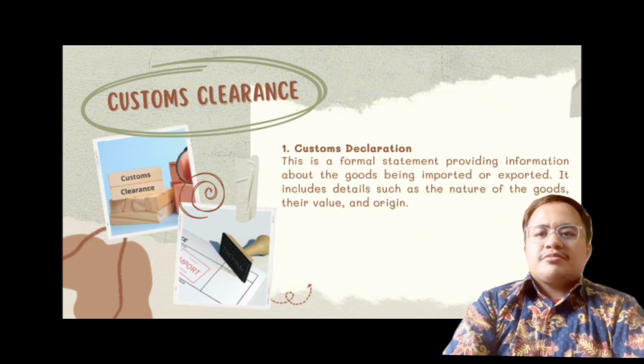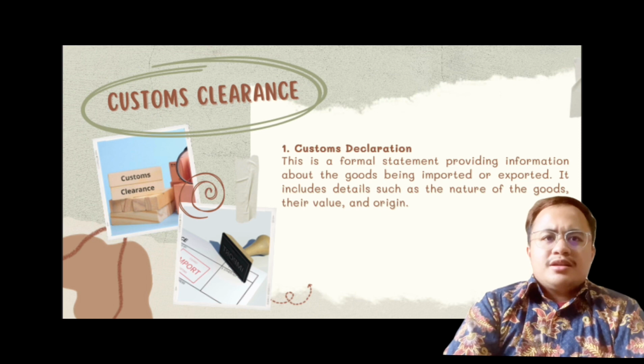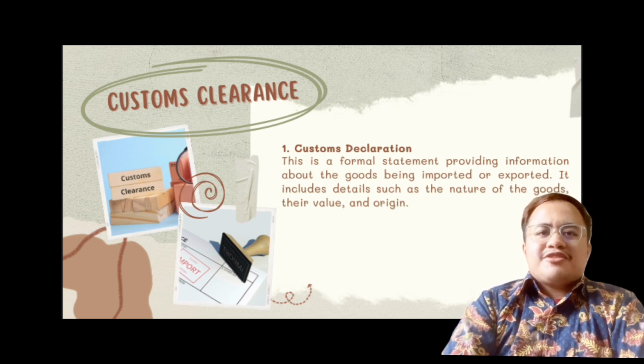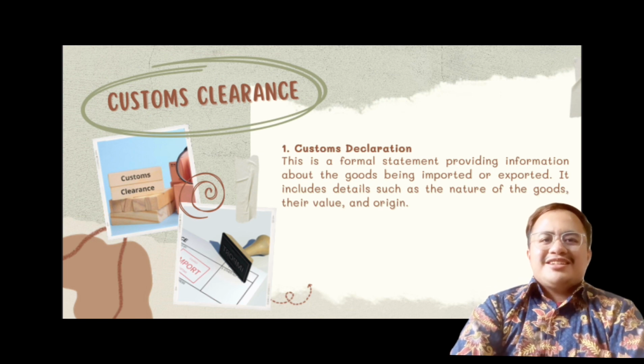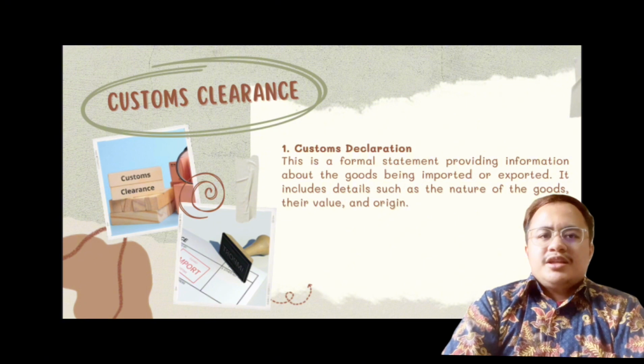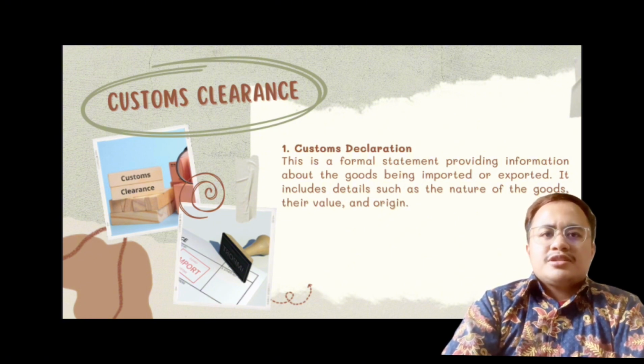First point about customs clearance is customs declaration. This is a formal statement providing information about the goods being imported or exported. It includes details such as the nature of goods, their value and origins.